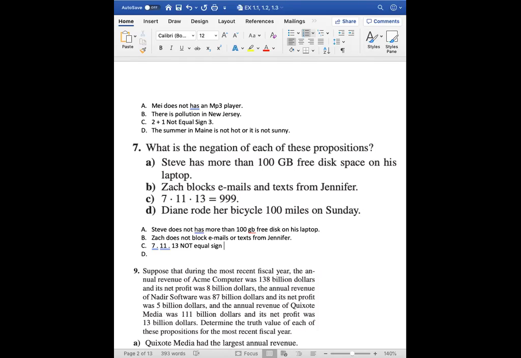You have to basically put that sign instead of just writing this. Okay. And then we have Diane rode her bicycle 100 miles on Sunday. So Diane did not ride her bicycle 100 miles on Sunday.